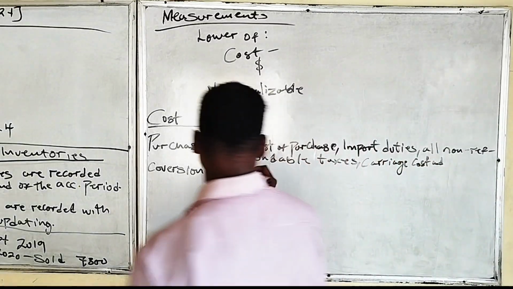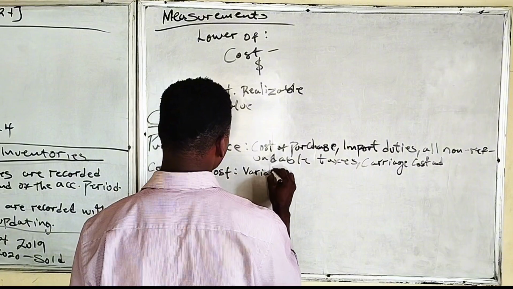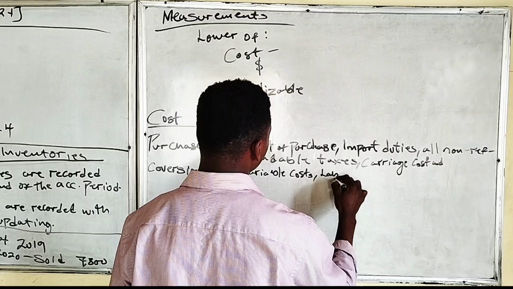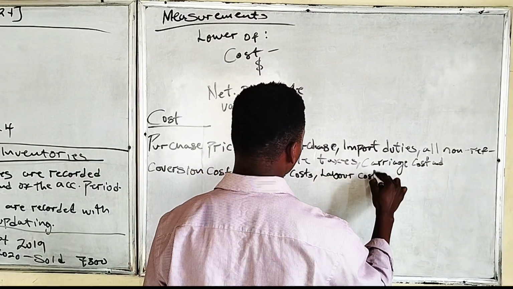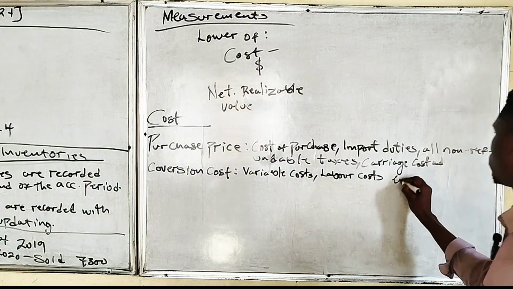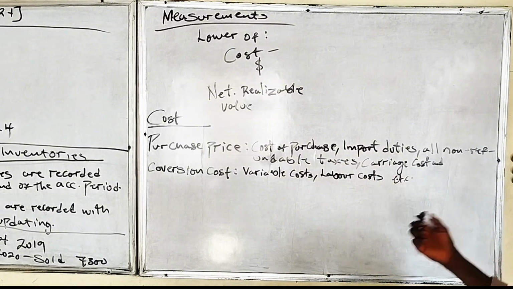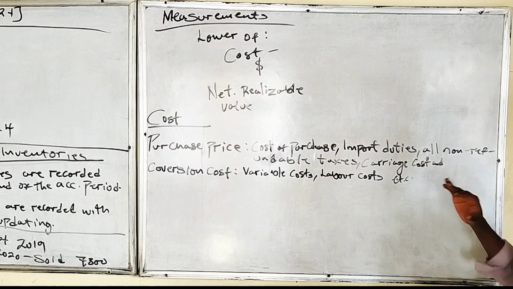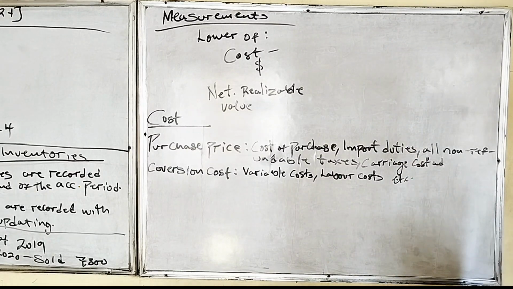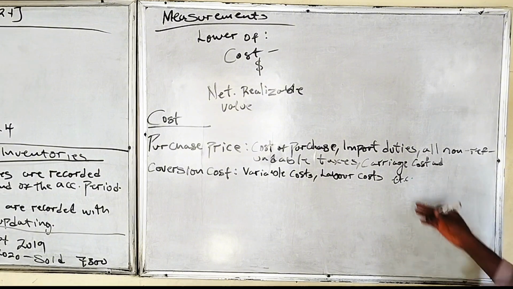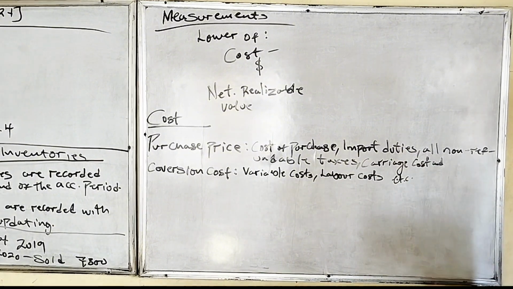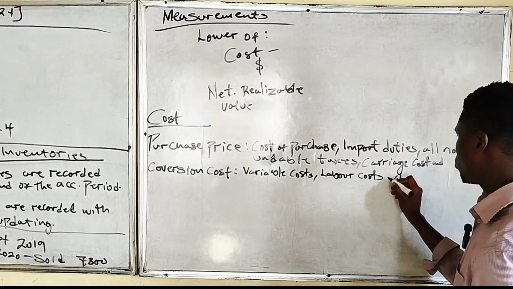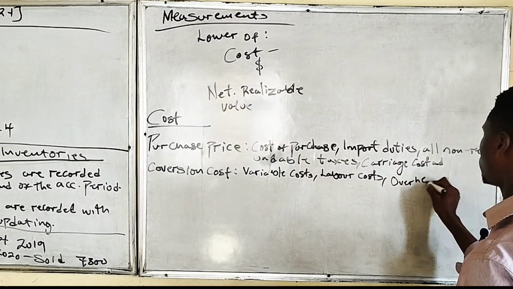They include variable costs, labor costs, and every other cost that may be incurred to bring this asset to a complete sellable condition, including overhead cost.